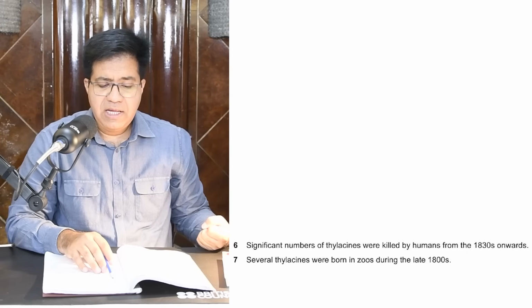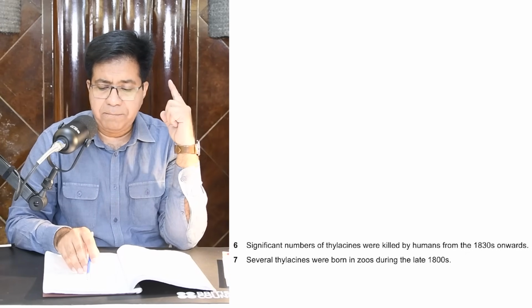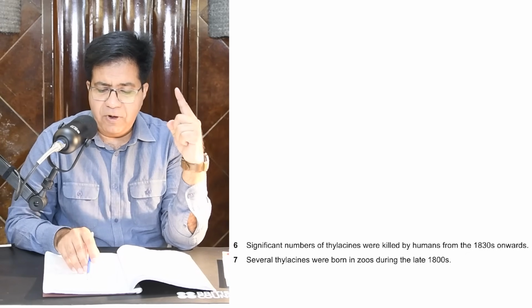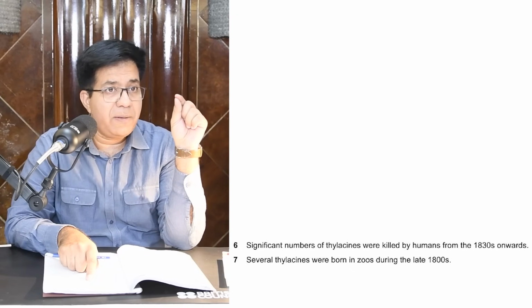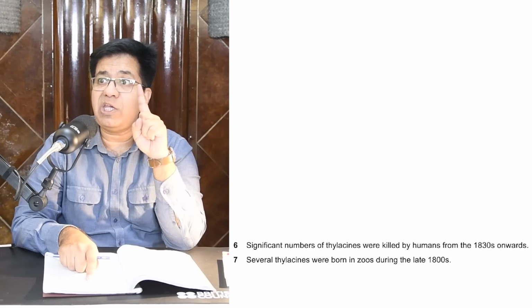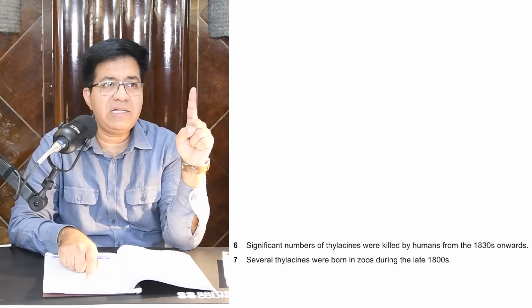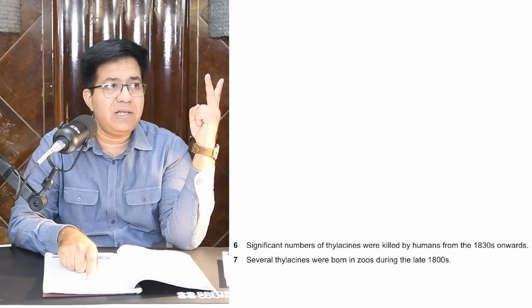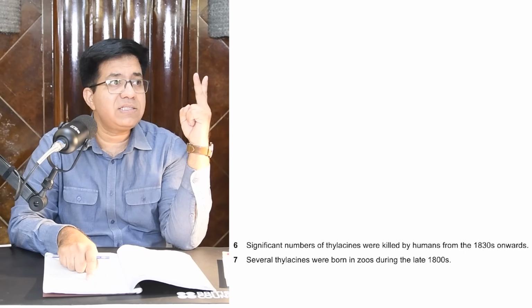For example, question number 6, significant numbers of thylacines were killed by human from 1830s onwards. Now, if a large number of thylacines were killed by human, answer is true. If they were killed by another wild animal or another catastrophe, not human, answer is false.